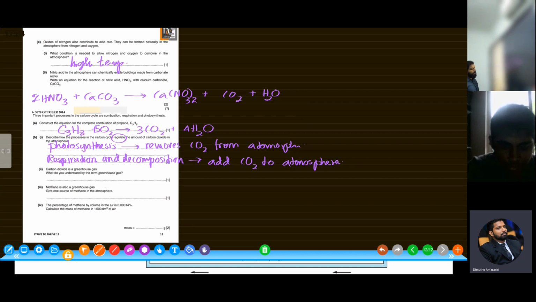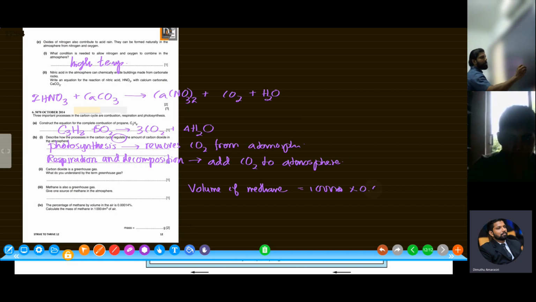The percentage of methane by volume in air is given. Calculate the mass of methane. Nice question. 2 marks, 3 marks. First of all, you find the volume of methane. A very nice question. The volume of methane is 1000 times 0.00014 divided by 100.